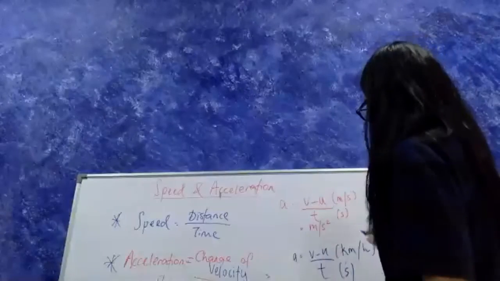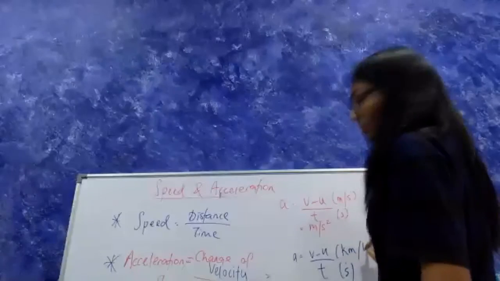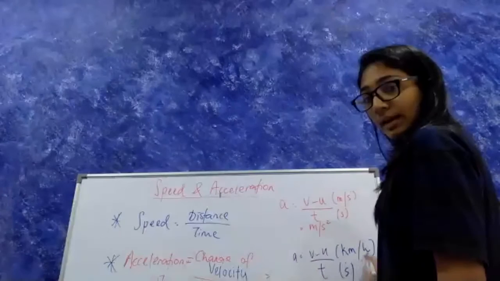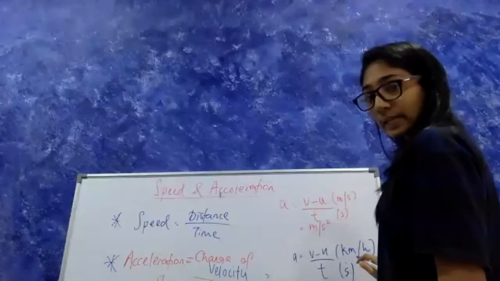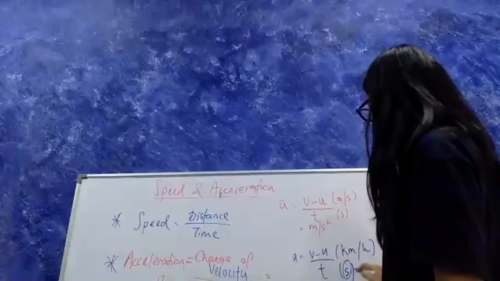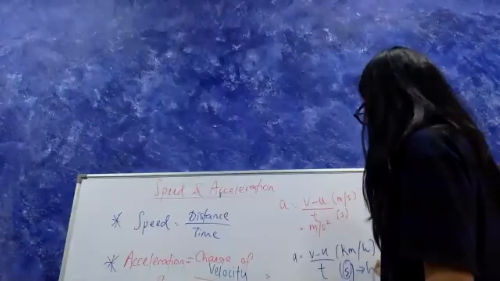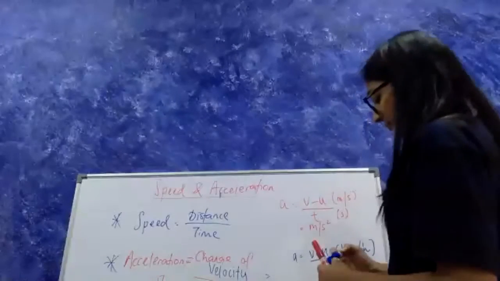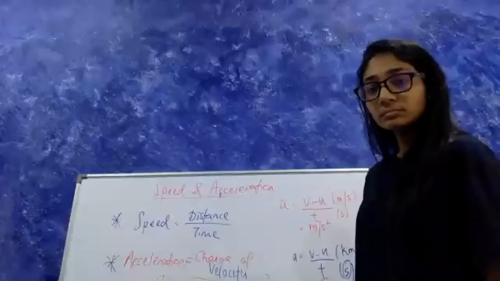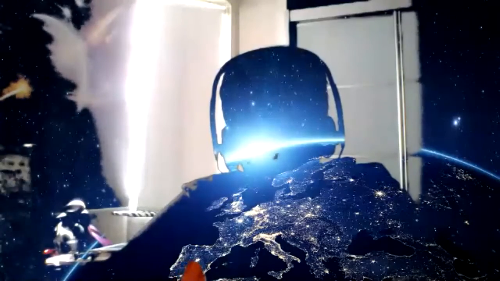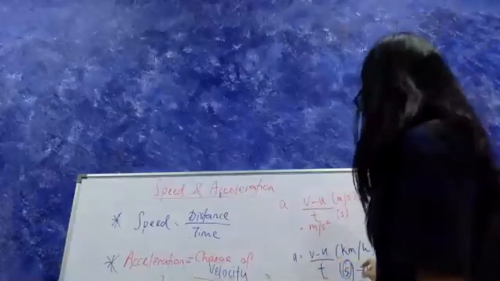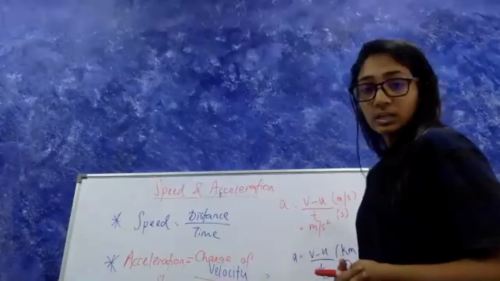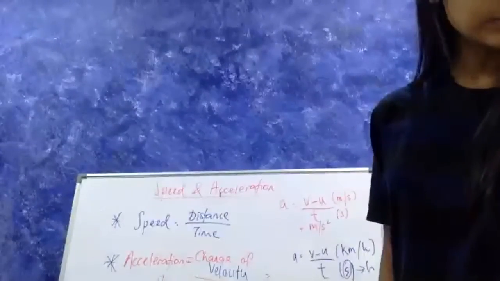You can change the hour to second, or you can change the second to hour, either one. Then your answer will be kilometer per hour. Understand? So make sure when you divide, it is in the same unit, otherwise you'll get a different answer.